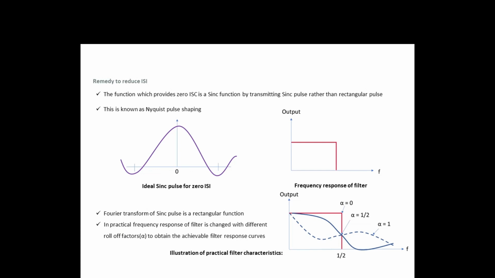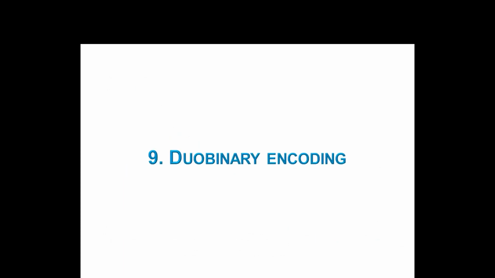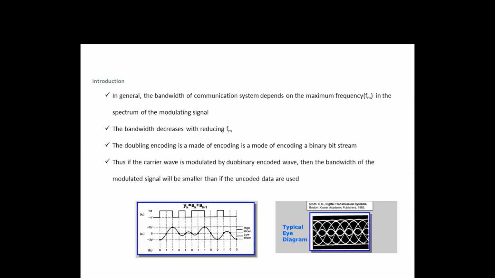The second diagram is the frequency response of the filter. The next thing to remember: the Fourier transform of an impulse is the rectangular function. In practice, the frequency response of the filter is changed with a different roll-off factor alpha to obtain the achievable filter response curves.